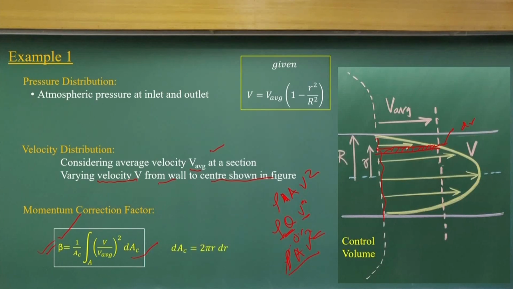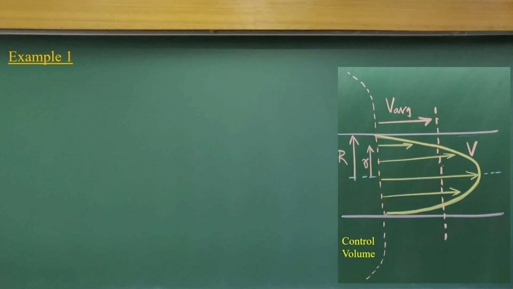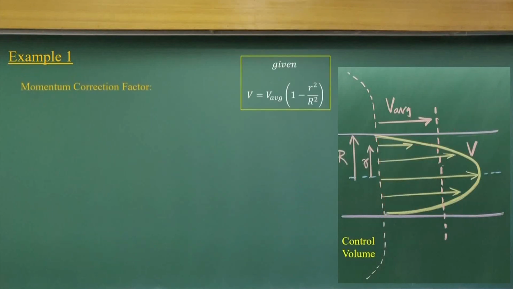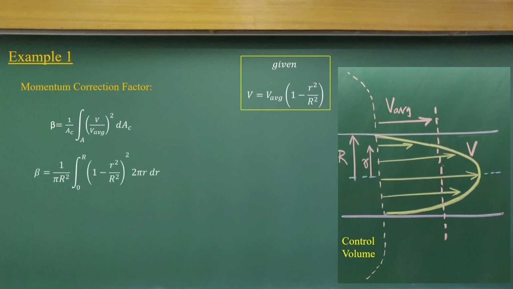For the element of thickness dr, the area will be the circumference into dr. Once I know this area and apply it to the momentum flux correction factor equation, I will have this form. A C equals pi R squared, and I put the velocity distribution equation here, and we have 2 pi r and dr.